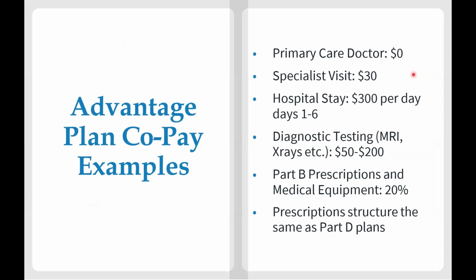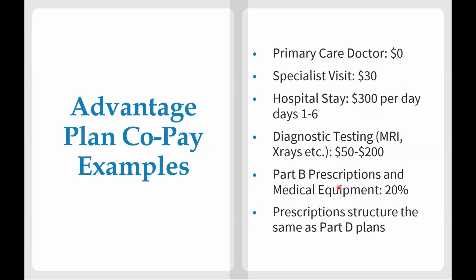But if you need to see a specialist, it might be a $30 copay. If you need to go to the hospital, it might be a $300 copay per day for days 1 through 6. If you need some diagnostic testing, that can range, usually depending upon the test and where you're having it done, $50 to $200. Now, again, these are just examples. They can be very different depending upon the plan that you have.